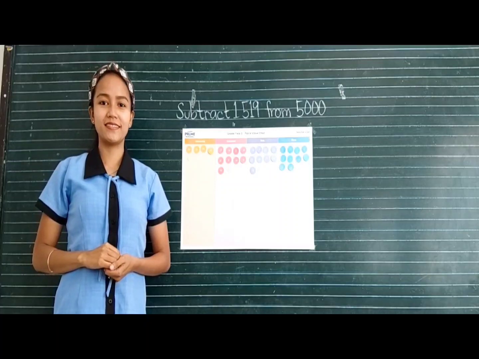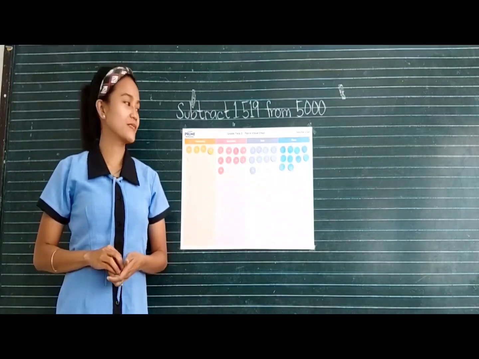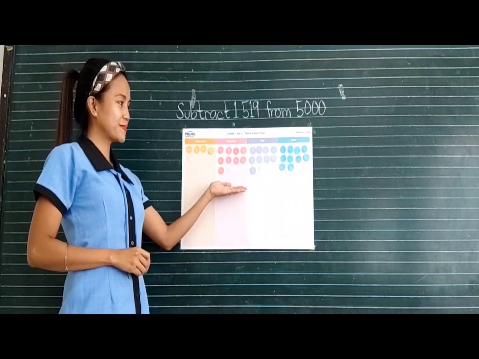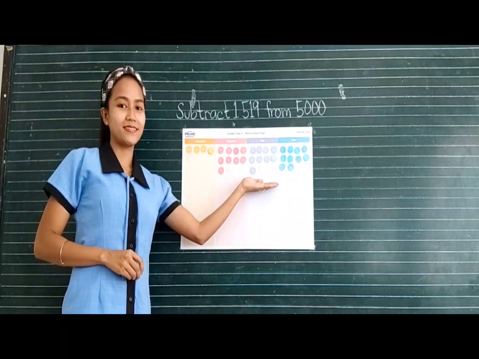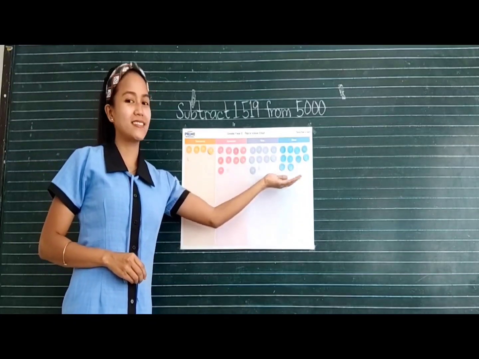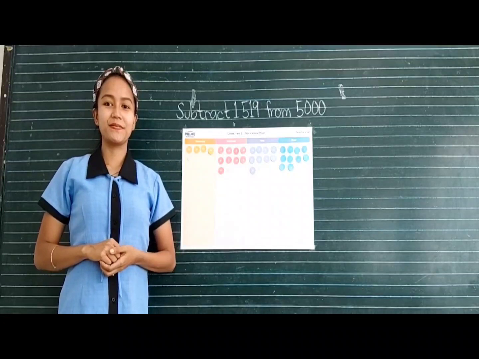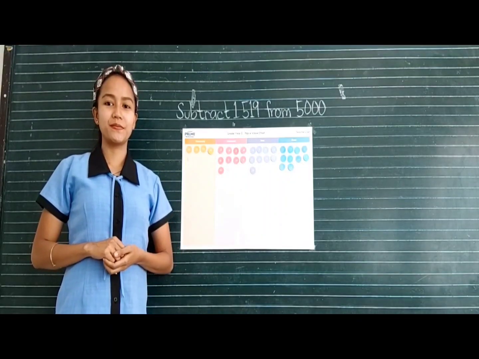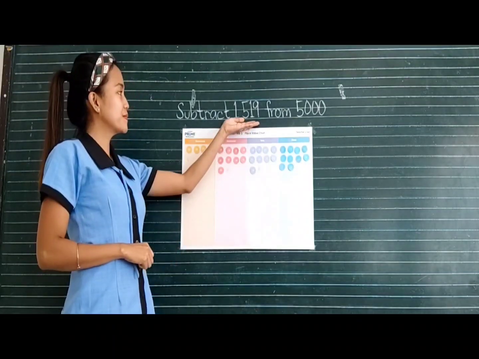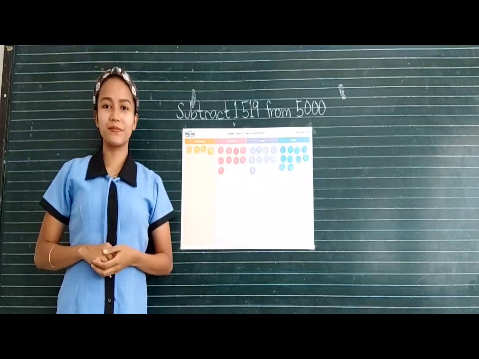So, 1,000 is equal to 9 hundreds, 9 tens, and 10 ones. Now that we have counters in all the columns, we can now start removing 1,519 from it.